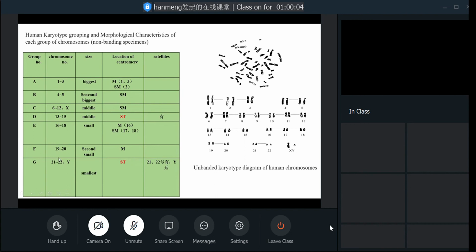And the G group contains chromosomes 21 and 22 and the Y chromosome. It is the smallest chromosome group, and chromosomes 21 and 22 have satellites.